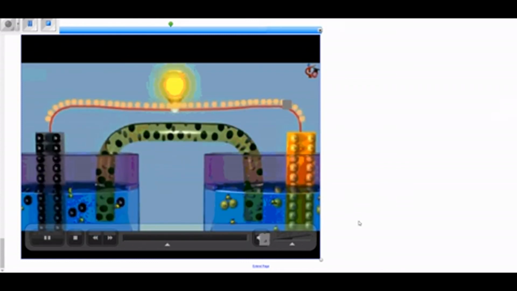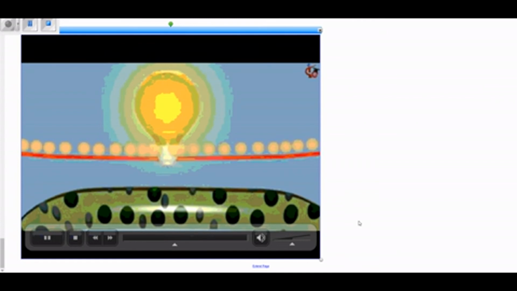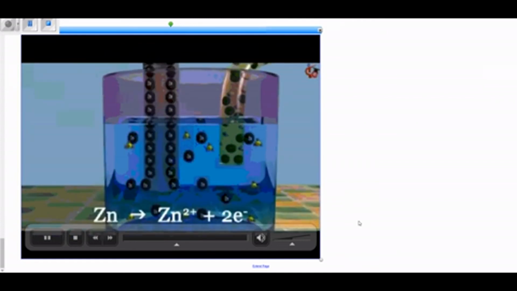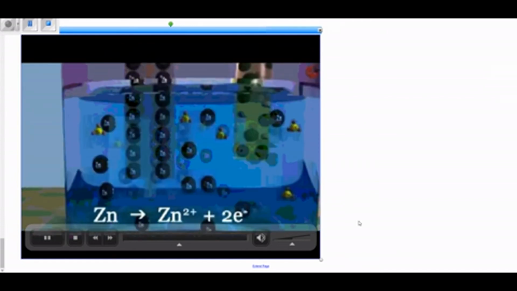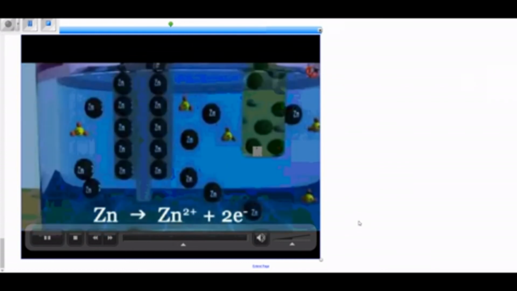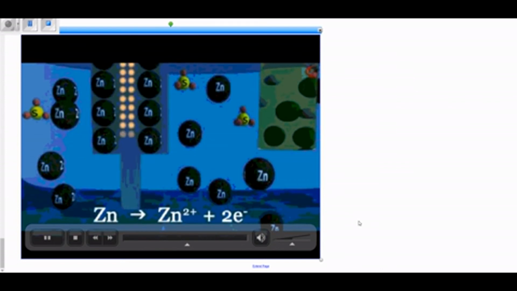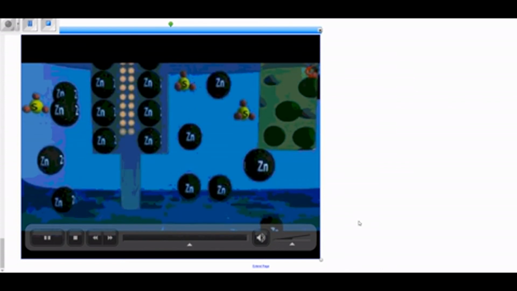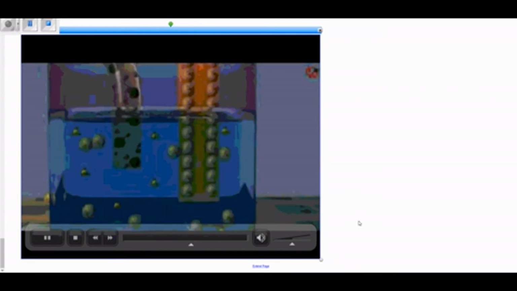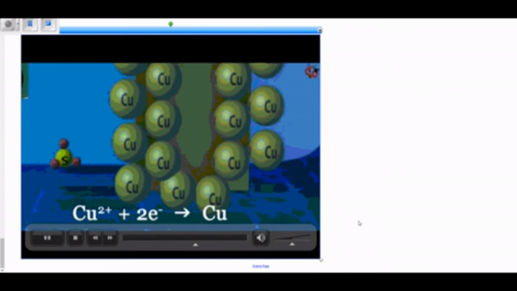Attaching a cell shows that electrons flow from zinc to copper. Because zinc is a more active metal than copper, it is more likely to lose electrons. For this reason, the zinc bar is oxidized, producing a zinc ion and 2 electrons per zinc atom. The copper ions in solution gain 2 electrons and are reduced to copper metal.